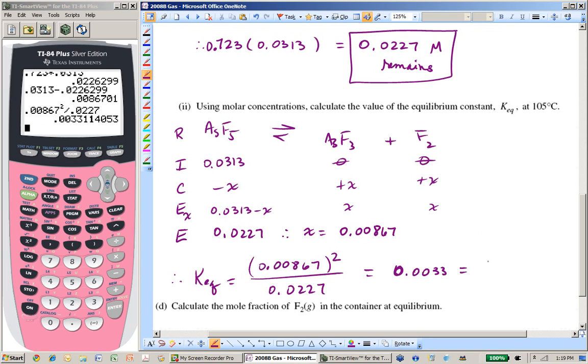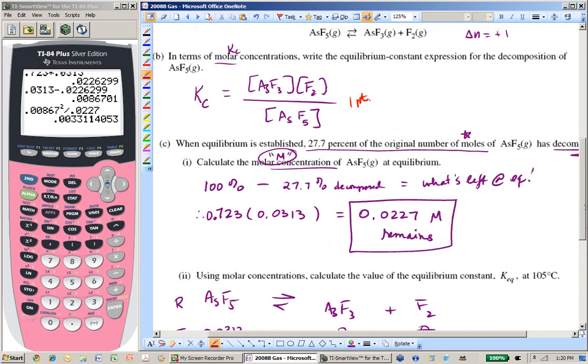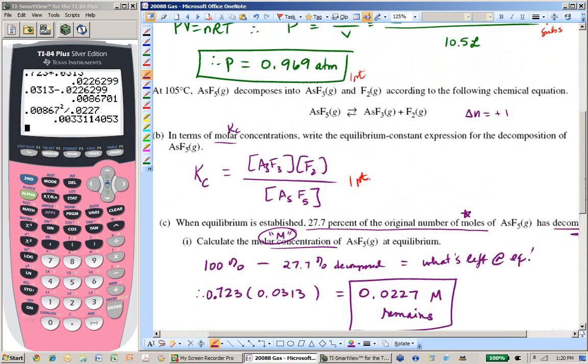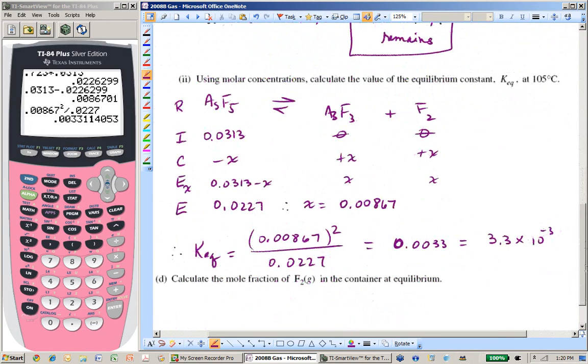And if we want to put that in scientific notation, you don't have to. You can leave it just like it is, though. 3.3 times 10 to the minus 3. And I have a whole bunch of sig figs and not a lot in my K. Why did I do that? 3 sig figs. I think I'm going to go with 3 sig figs. So I'm going to add a 1.